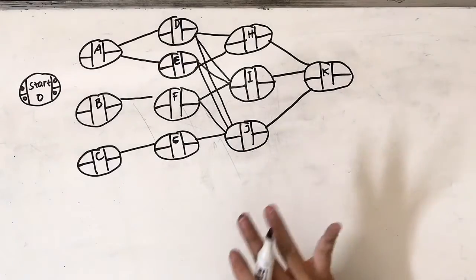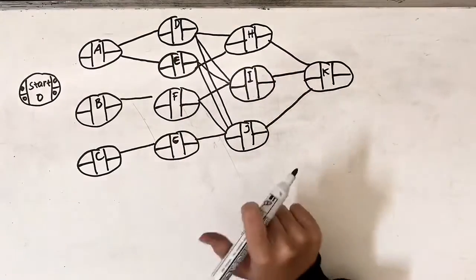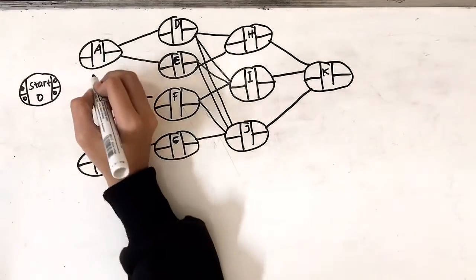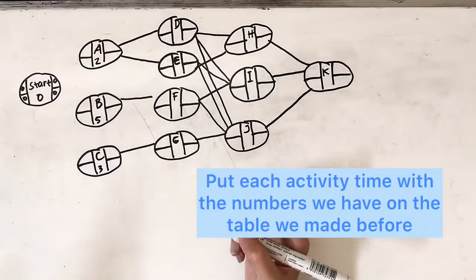Next, we have to write each activity time. Just place the normal time that we have calculated before, and the number is in the table that we made before, for each activity.